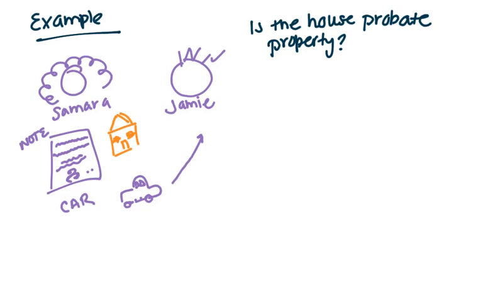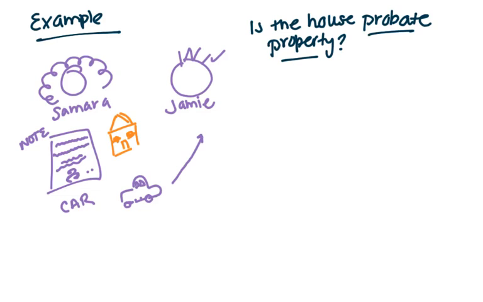This is a bit of a trick question here. It is probate property. Why is it probate property? Well, it's not non-probate property, so the default says that it's probate property. So it is probate property.